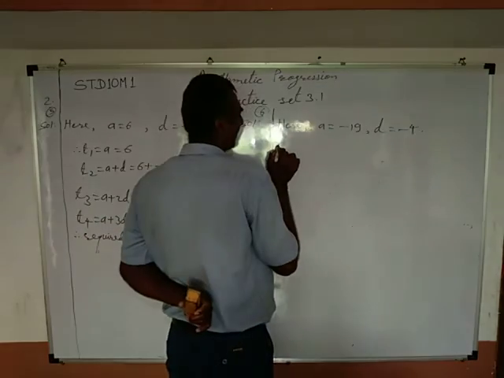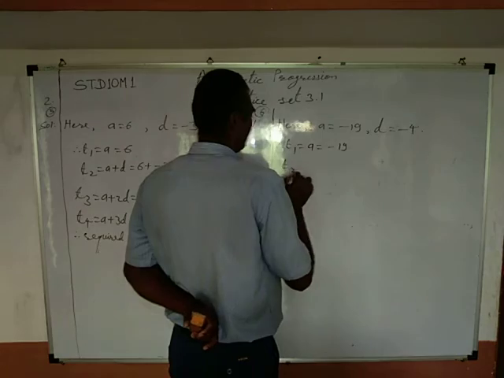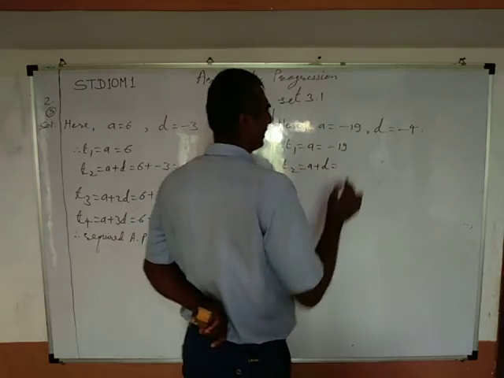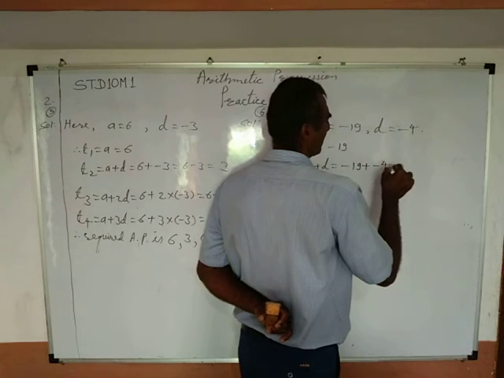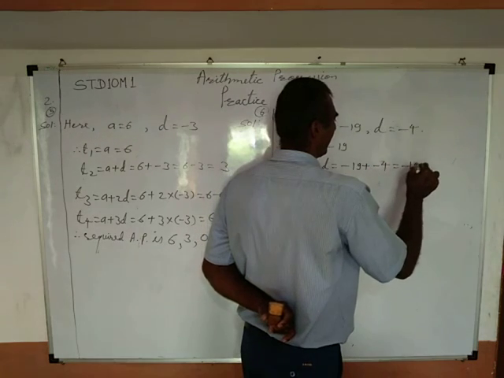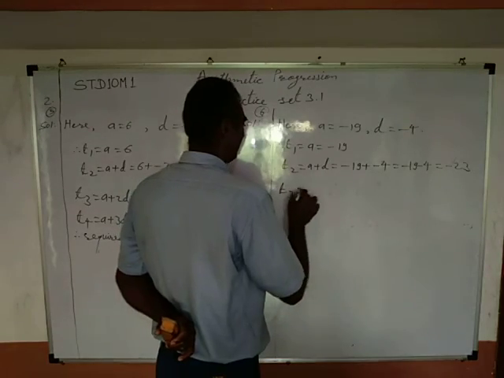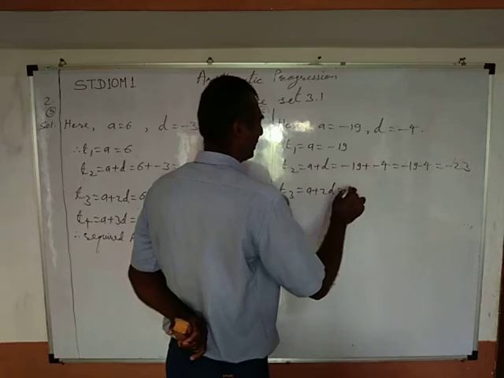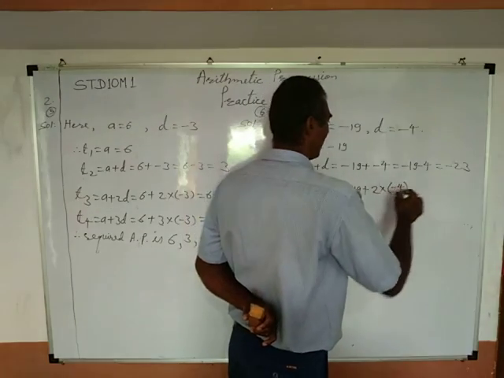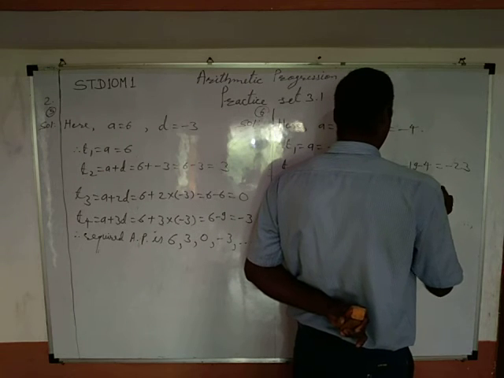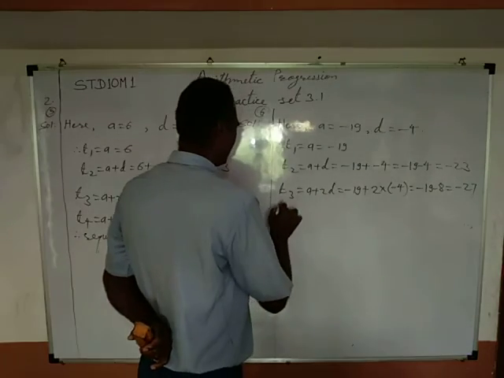Therefore T1 equals A equals -19, T2 equals A plus D equals -19 plus -4 equals -19 minus 4 equals -23. T3 equals A plus 2D equals -19 plus 2 into -4 equals -19 minus 8 equals -27.